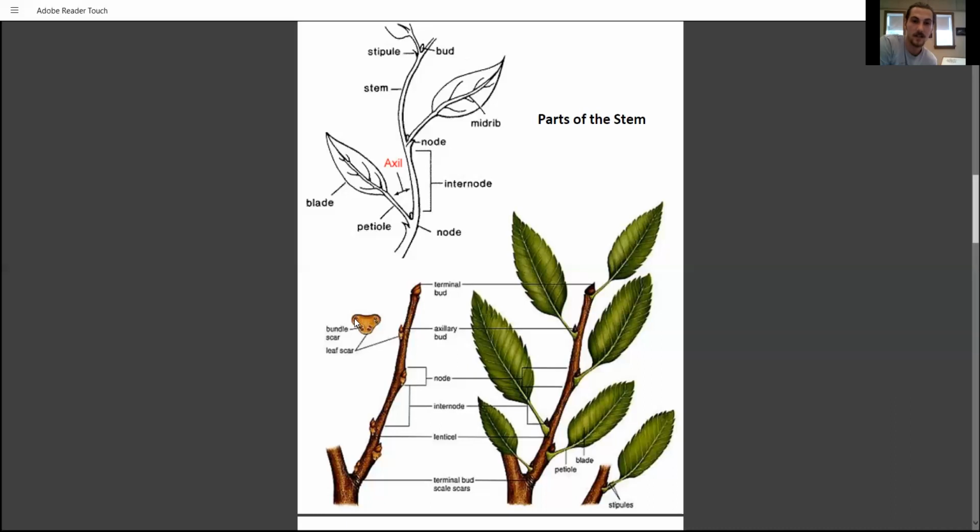These scars indicate where special tissues like xylem and phloem were passing through. And so this can be an excellent ID tool, whether it's in the middle of winter and you just don't have any leaves to look off of, or even if the plant is in full leaf and you can just break a leaf off and see what does it leave behind. What is the shape and form that it leaves behind?